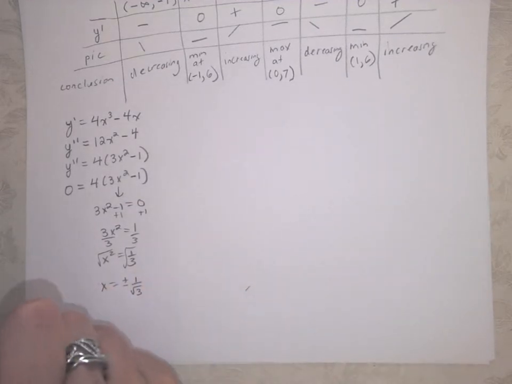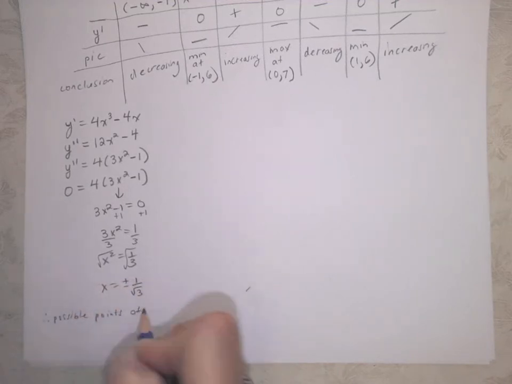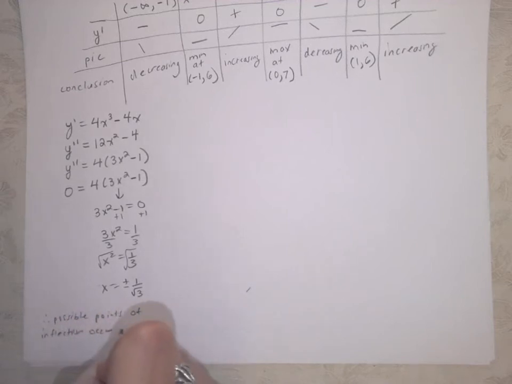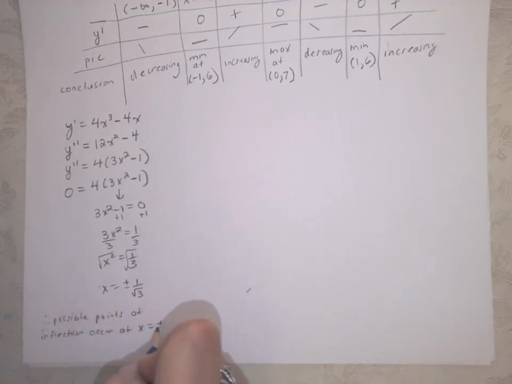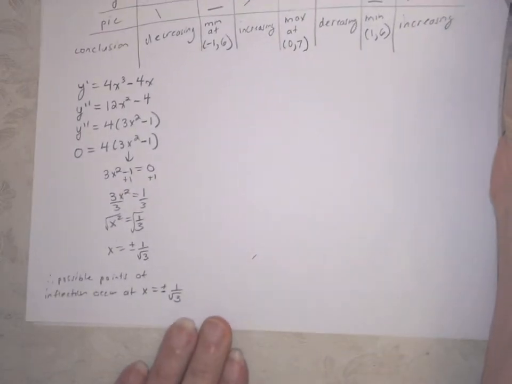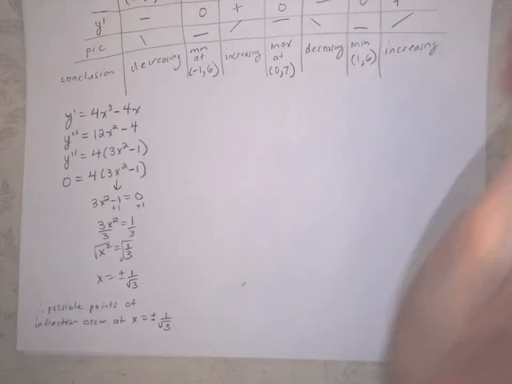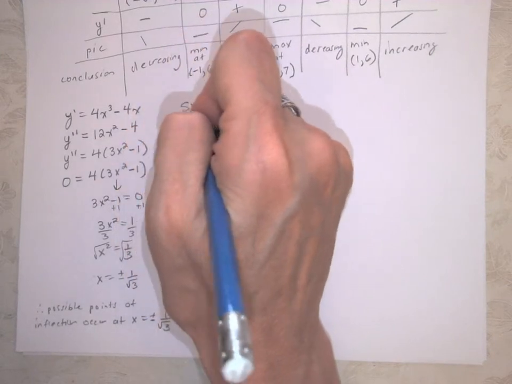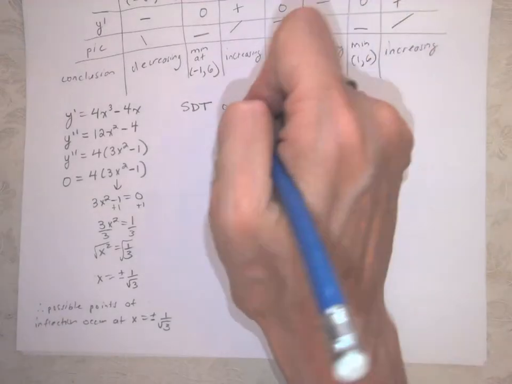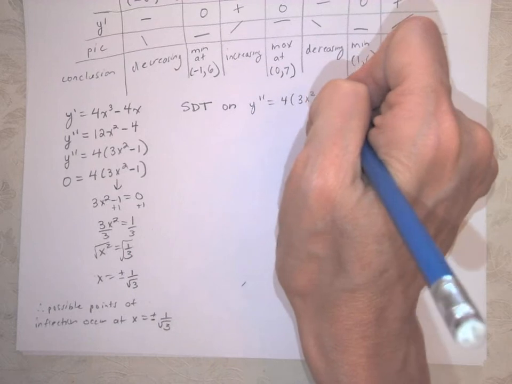So therefore, possible points of inflection occur at x equals positive or negative 1 over square root of 3. So now we can do our second derivative test. y double prime equals 4 times (3x squared minus 1).